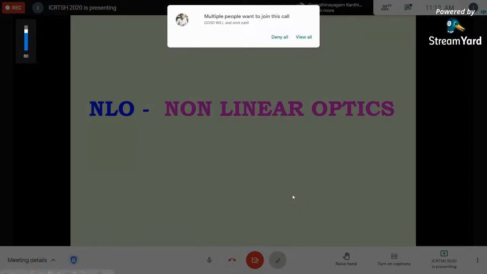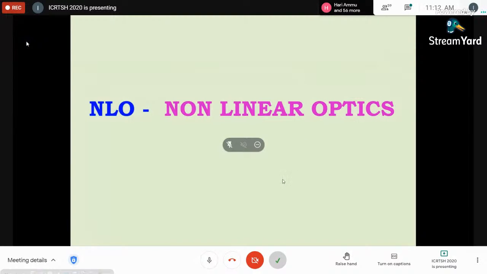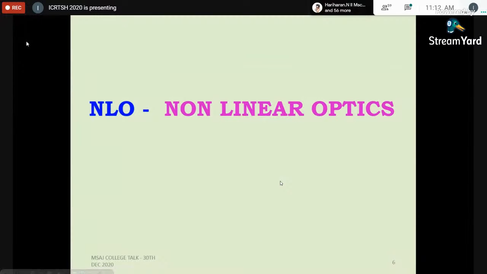Yeah, non-linear optics. So it's mainly connected to crystals. This non-linear optical system, or non-linear optics, is mainly related to the crystal system. The crystals are differentiated as a linear optical system, that is non-NLO. They are called centrosymmetric and non-centrosymmetric.